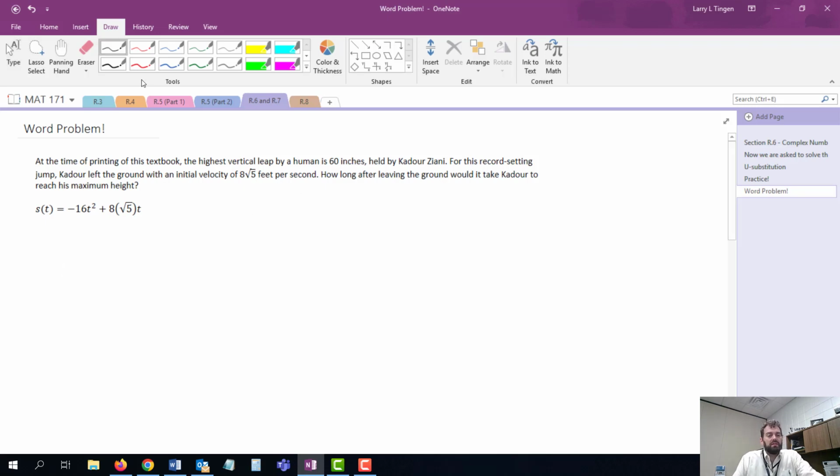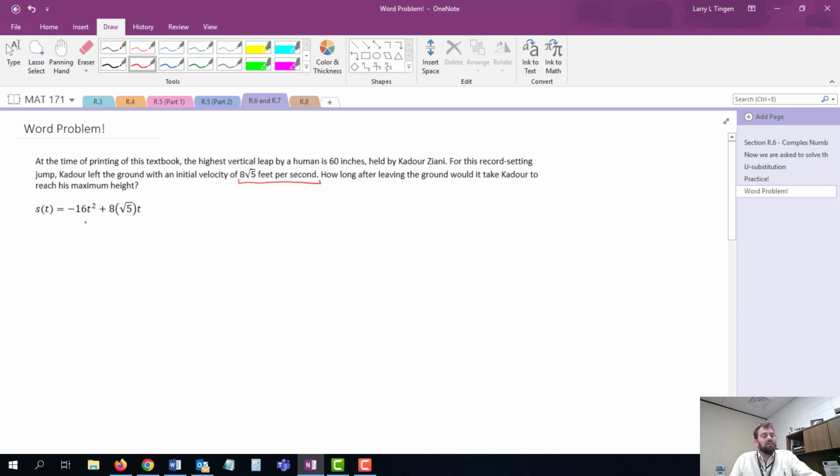So a couple things are going on here. The first one that I did not draw attention to is the units of the problem. The initial velocity here is in feet per second. You don't know this yet, but this negative 16 in the negative 16t squared is the acceleration due to gravity in feet per second.